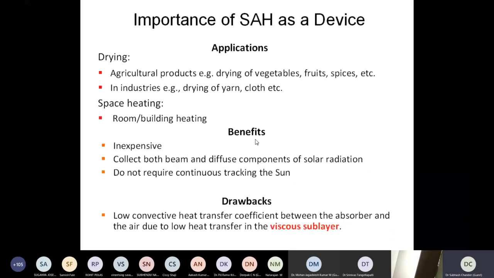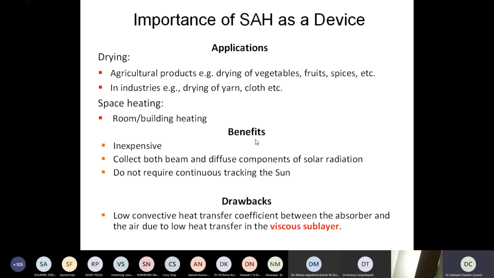Agriculturists, you might have witnessed a presentation from some professor from an agriculture background, also use a lot of hot air for many applications: chili drying, grain drying, room heating, vegetable drying.